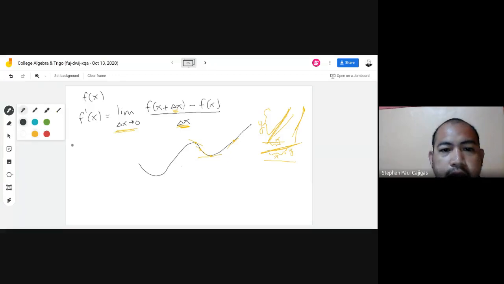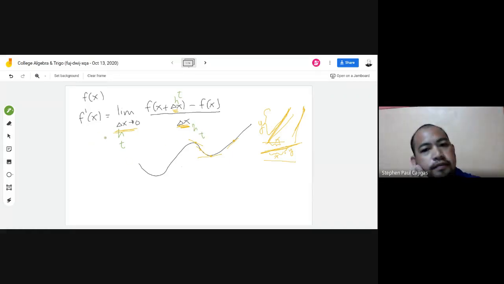Also, if you read other textbooks, they would probably use either h or t instead of delta x.